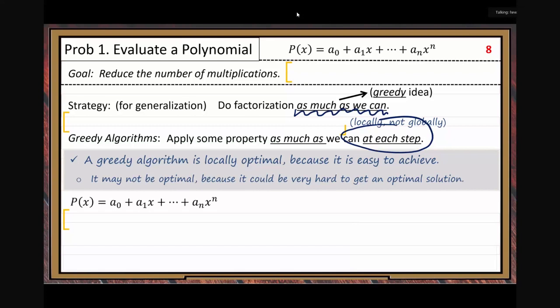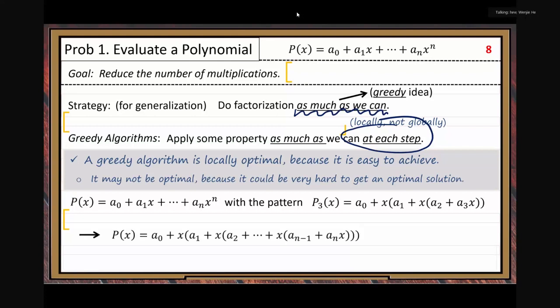So let's do the generalization on this general formula, and we apply the greedy strategy. After we skip the first term, we can do one factorization covering all the other terms, with a pattern similar to what we have in a cubic polynomial, but we write it for the degree n case, so you get this structure.